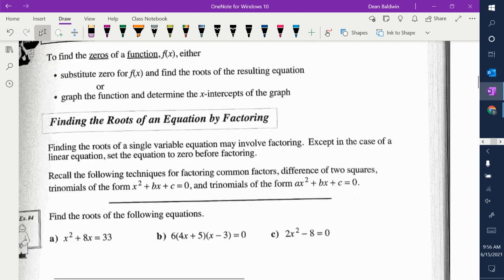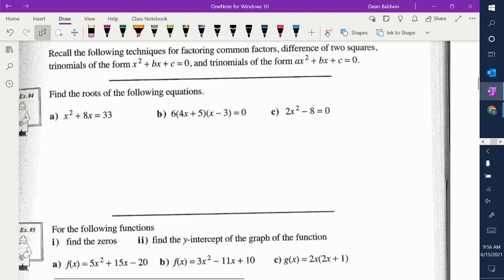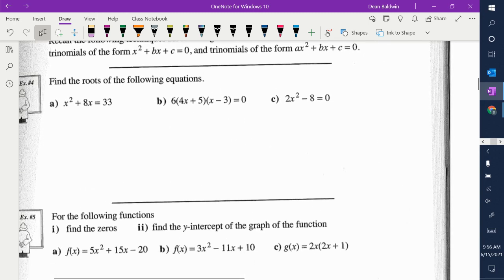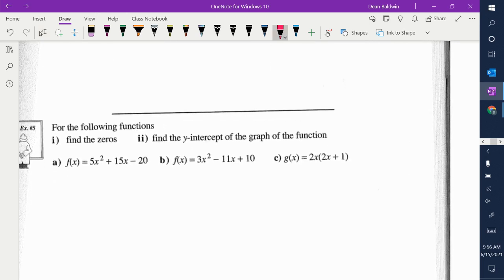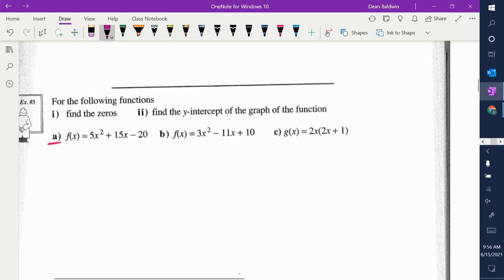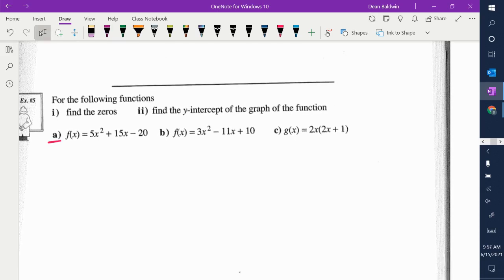All right. Let's do these ones down here. Okay. We're going to find the zeros. Remember, zeros are the same as what? X-intercepts. Okay. And we're going to find the y-intercept, and then we're going to sketch it.